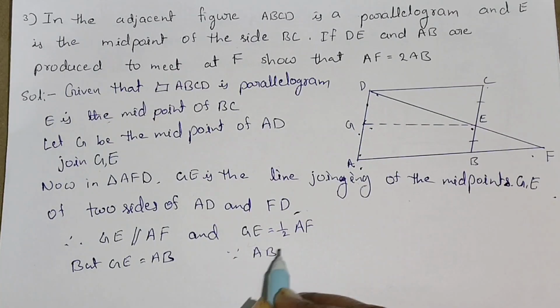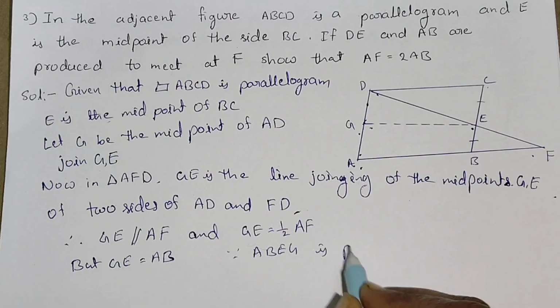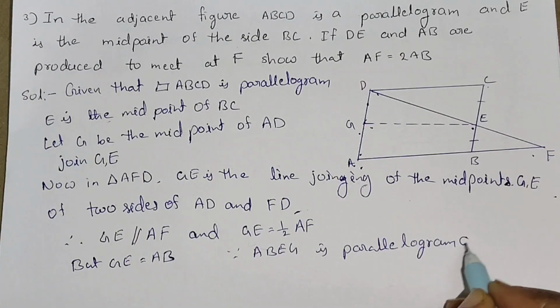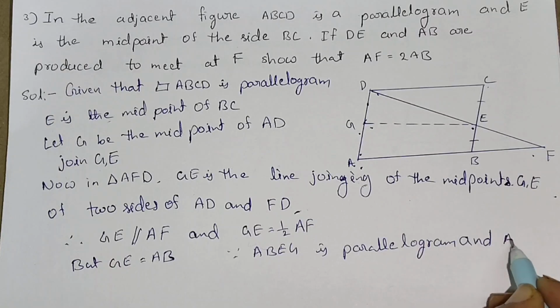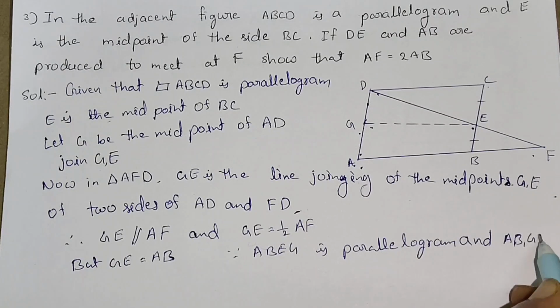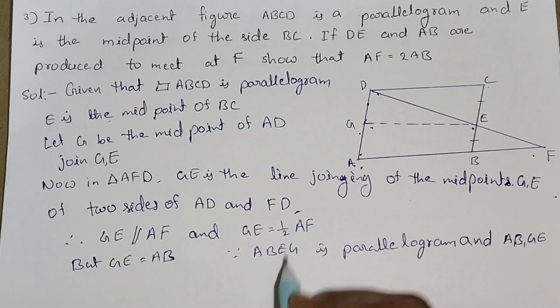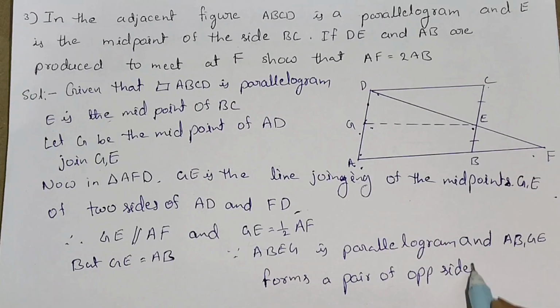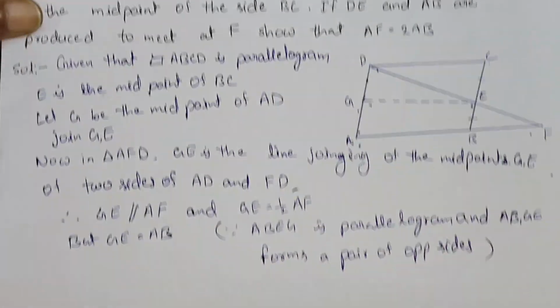So here ABEG is a parallelogram and AB, GE forms a pair of opposite sides.